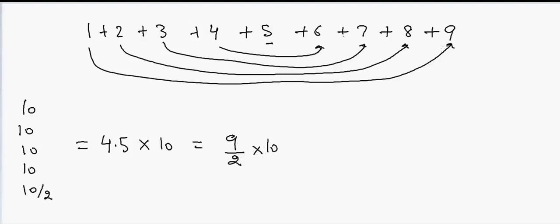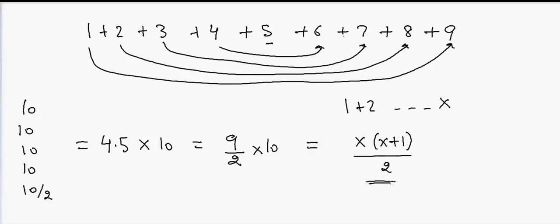So what's a 9 here? 9 here is the last digit, so we can write it. So suppose if I have to add 1 plus 2 until x, we can write this as x into x plus 1, which is 10, divided by 2. So we can use this formula for any kind of sequences.